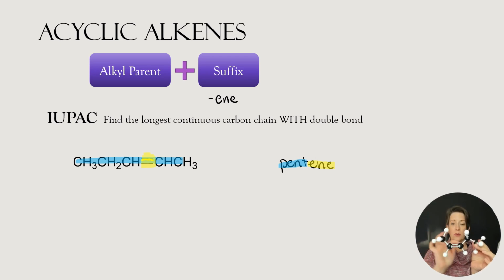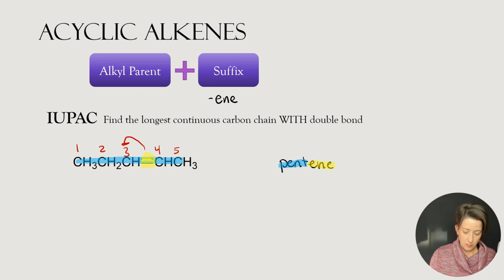Remember that when we go through to number, we want the lowest locant value possible, and number from both directions because these molecules do float and move in the 3-dimensional space. So when looking at the numbering, reading left to right, 1, 2, 3, 4, 5. So we'd say that the double bond is starting on carbon 3 and going to carbon 4.